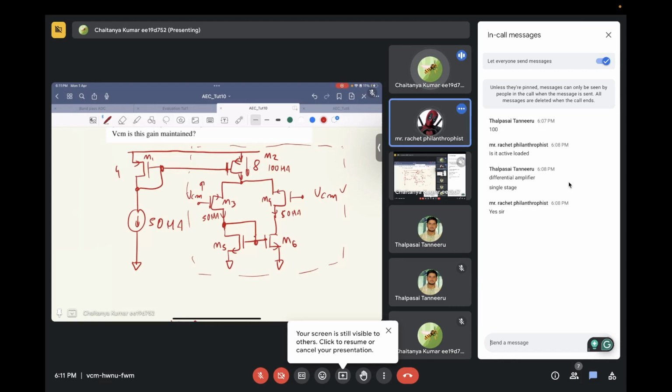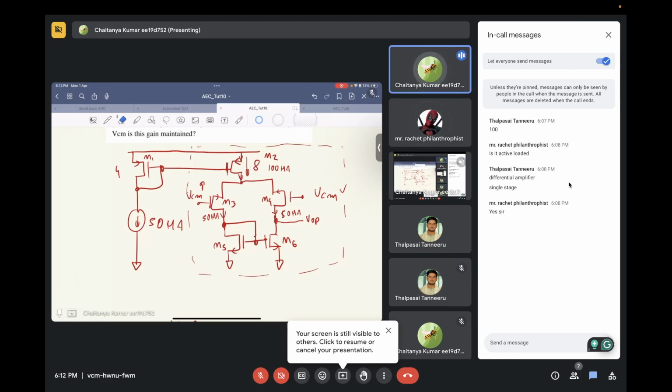Because its VGS is decreasing, right? Yes, its VGS is decreasing, so the current will reduce. So if this current has reduced, and this is the output, VOP, what will be the current through transistor M6? It will reduce, sir. Yeah, this will also reduce.